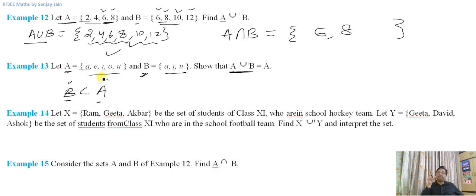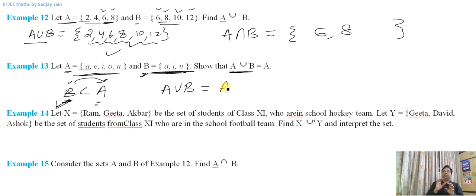All the elements that are there in B or they are present in A. So when I write all the elements that are present in A, I will have already written all the elements of B, because every element of B is present in A, right? Because B is a subset of A. If you see, B here is a subset of A. So if I take their union, that will be nothing but A.